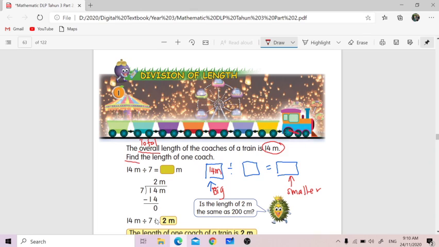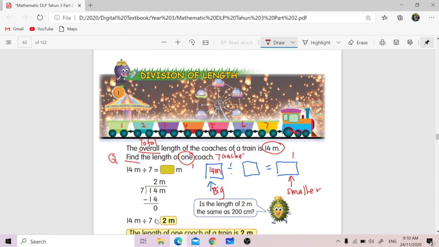So this is the question: find the length of one coach. In the end it needs only one coach, out of how many coaches? One, two, three, four, five, six, seven.